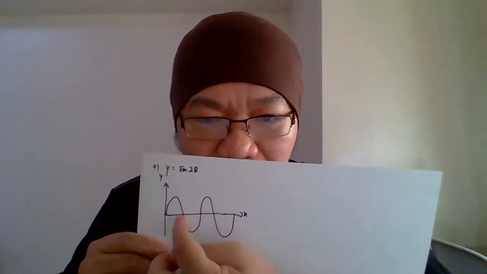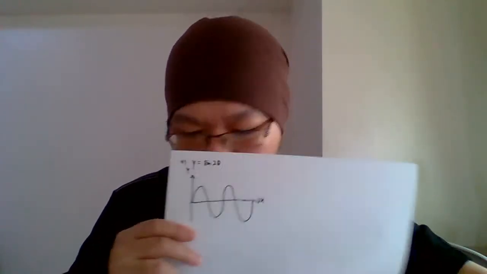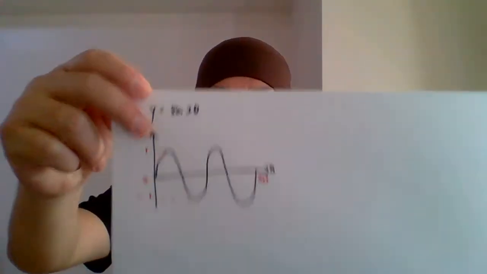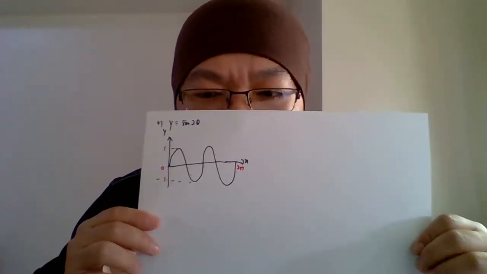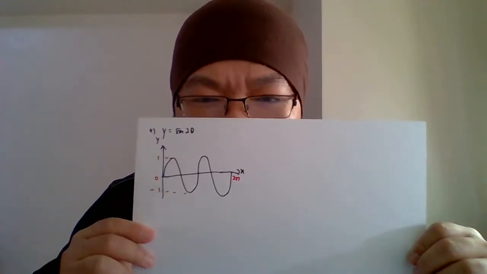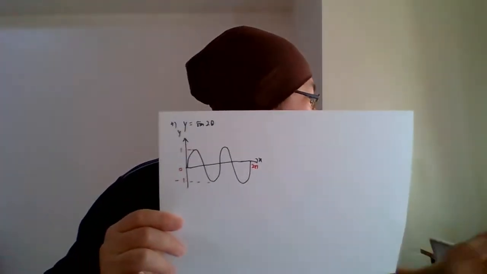So the amplitude 1, bawah also negative 1. So 1, negative 1. And don't forget to label your scale of x-axis 0 until 2 pi. Settle. Very straightforward. Okay, that is number 4.